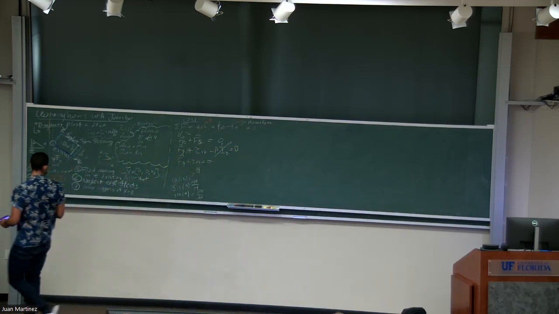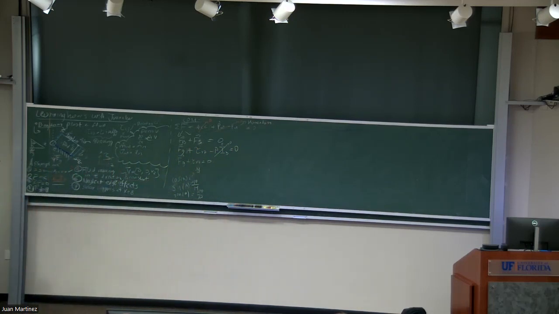So let's see. We have this angle over here. What will be the opposite and the adjacent? If this is Z and this is X, what will be the opposite of theta and the adjacent of theta? Which side? Well, I think adjacent is just the force of gravity, right?